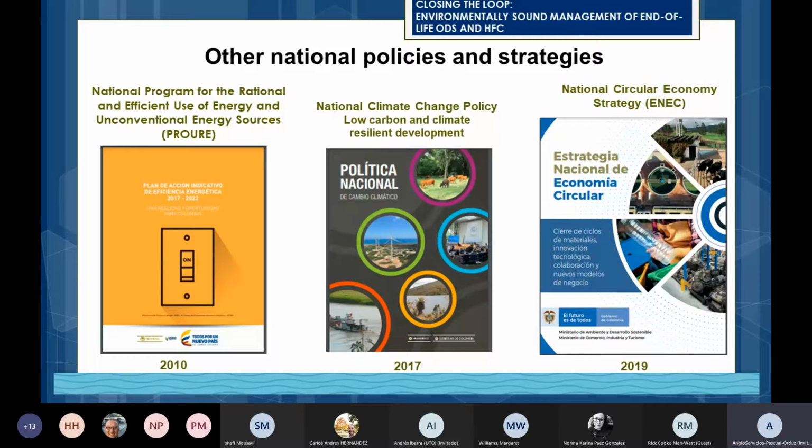It also includes actions in the area of low carbon and climate resilient development regarding HFCs, and also the National Circular Economy Strategy. It was formulated in our country in 2019, and it also includes activities related to the management of our AC equipment and how to use the materials. Next one.